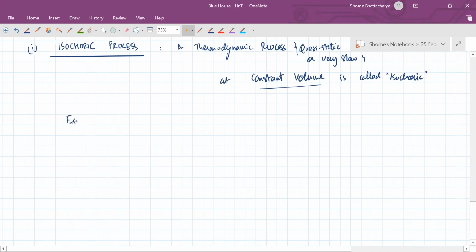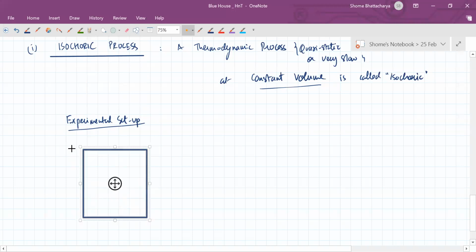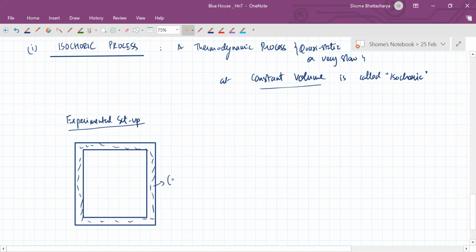So the experimental setup will look like this. Instead of the piston, now it is a fixed volume container in which we have our ideal gas.